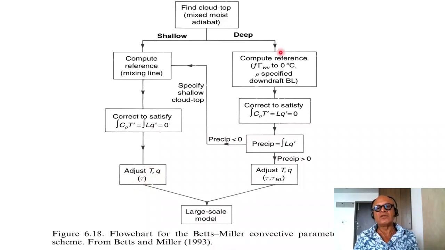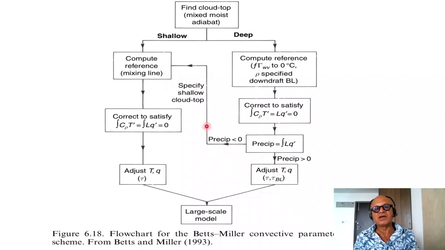large scale model. In the deep convection, it's computing reference quantities like moisture, water vapor, and a specified downdraft boundary layer, again correcting to satisfy the energy requirements, and producing precipitation. If precipitation is greater than 0, then it changes the mixing line.